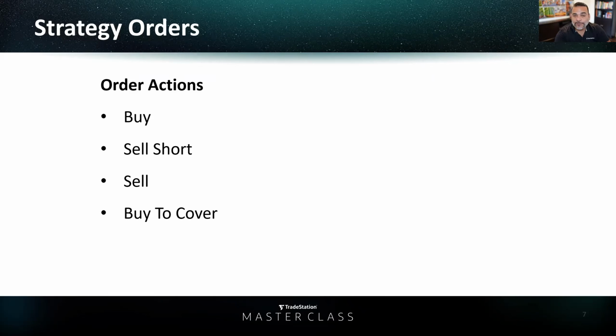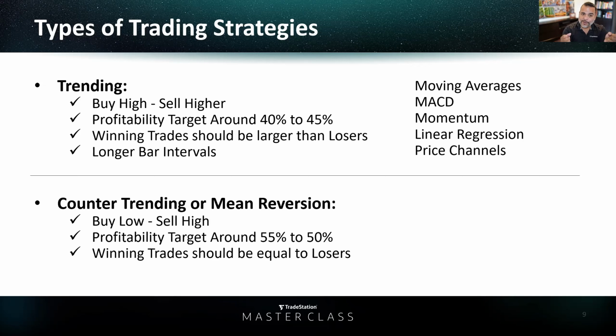If your trades are about the same, the same amount of loss as they're gaining, then by keeping them above 50%, you're going to have at least a profitable strategy. You're on the green side.